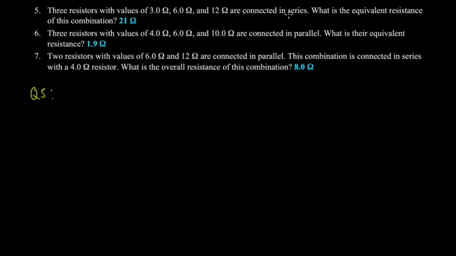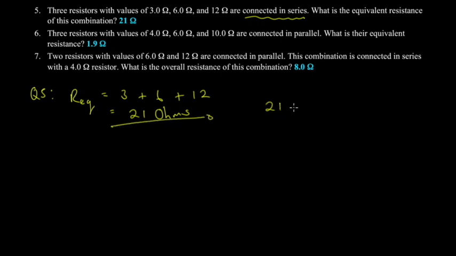They are connected in series. What's the equivalent resistance of the combination? You are told that they are connected in series. If they are connected in series, we simply add. So it's 3 plus 6 plus 12. So 3 plus 6, that's 9, plus 12, you get 21. 21 what? Ohms. Done. If you want to write it as 21 ohms like this, it's still fine.